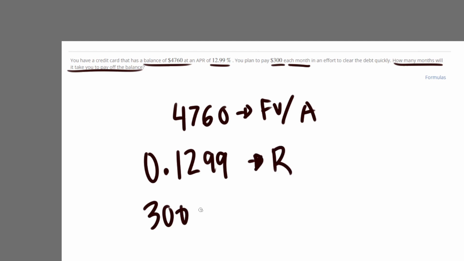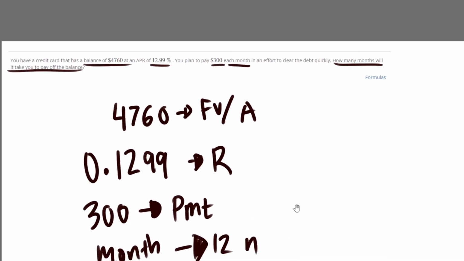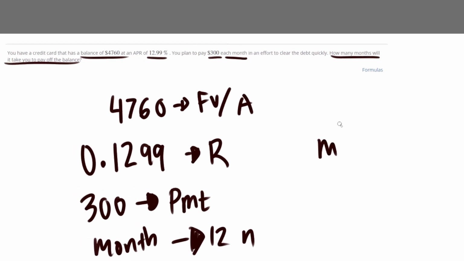We have 300 each month. And when you hear something like you pay 300 each month or each quarter, that's going to be your payment. And when you hear the month, that will probably give you something like a 12 to deal with. And we can assume that this is maybe N. And we want to know how many months it will take to pay off the balance.